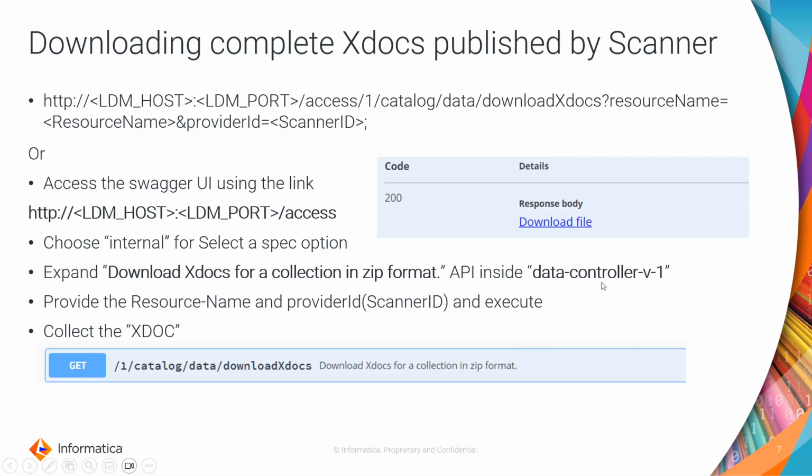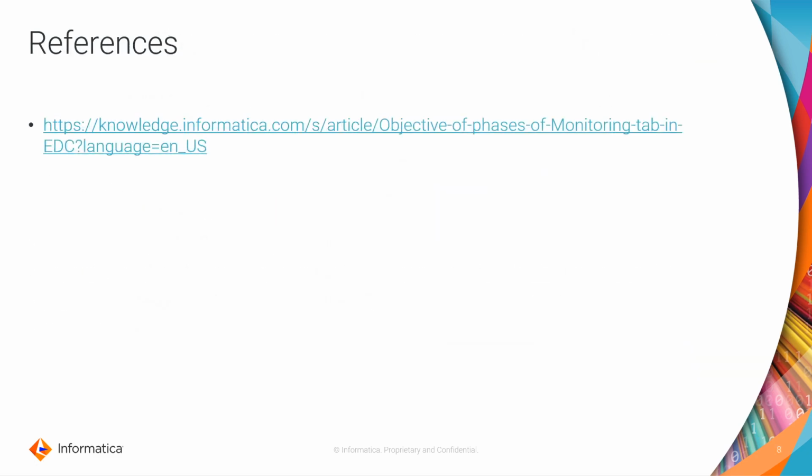Under the data controller version 1 section, we have this download XDOCs for a collection in zip format API. We provide the resource name and the scanner ID, and when we execute we collect the zip file of the XDOCs. And here are the references, some reference links that I have provided for you.